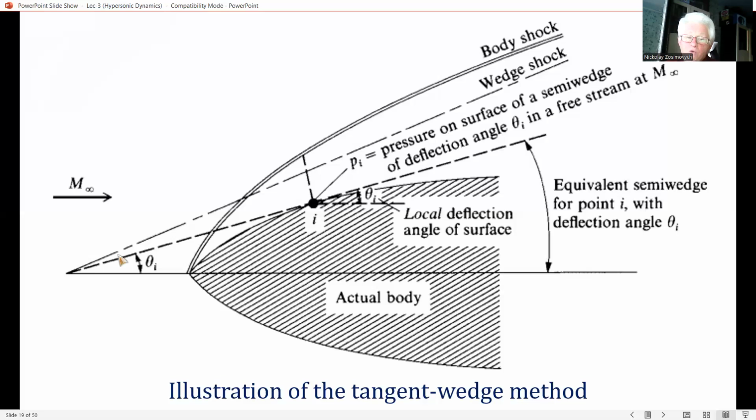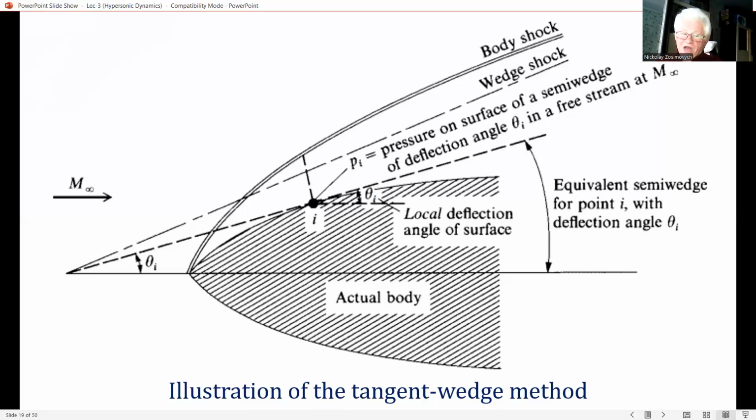Theta at all points along the surface is less than the maximum deflection angle for the free stream Mach number. Consider point i on the surface of the body, and we wish to calculate the pressure at this point i. The local deflection angle at this point is theta sub i.